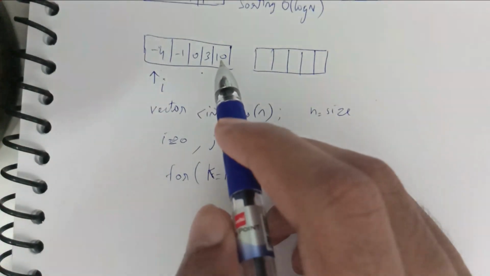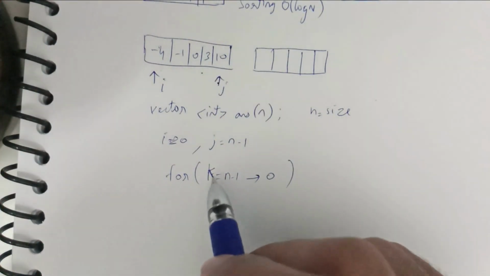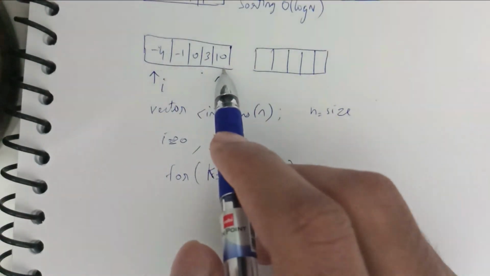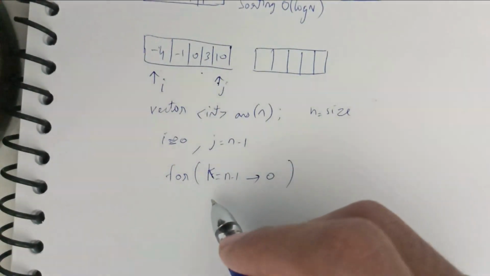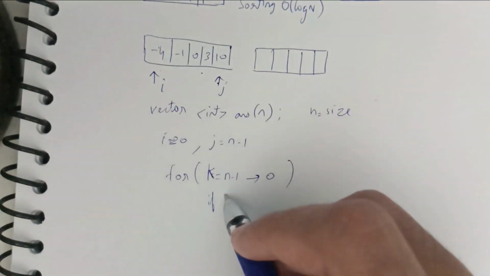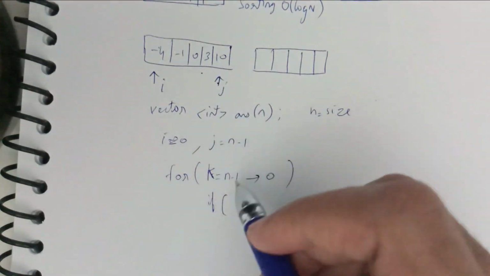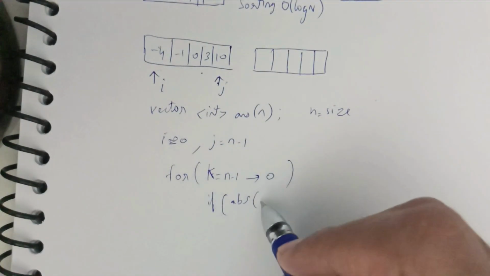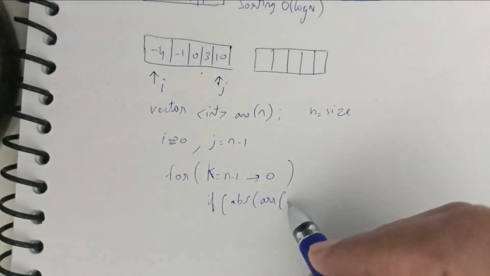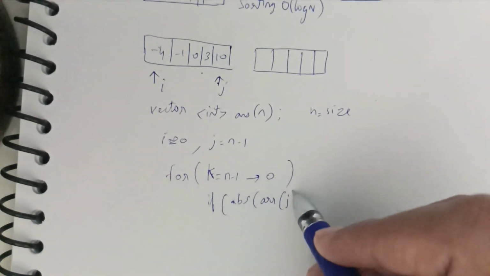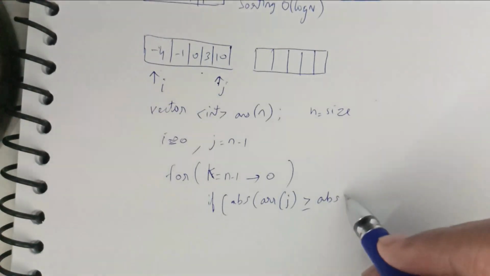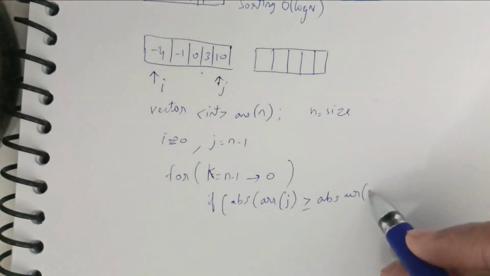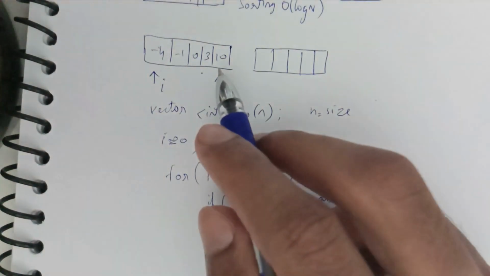So we are running this k iteration from last to the first, and we check if the absolute value of arr of j is greater than or equal to the absolute value of arr of i. That means the right side one is greater.